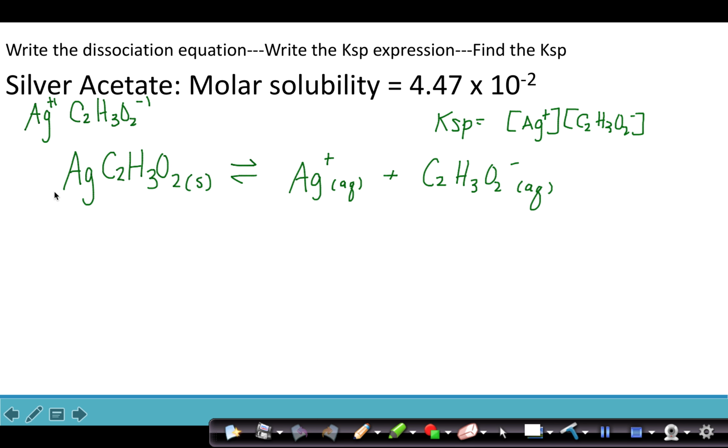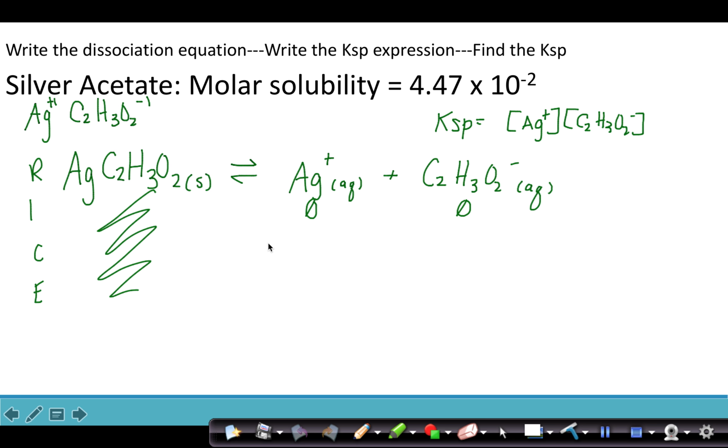And I am going to continue in this particular video to keep drawing and writing the ICE charts or RICE charts, but we will not need to keep doing this once you notice that the subscripts match the coefficients and then match the exponents and the coefficients for the x's. So before the dissolving, each of these ions is at a concentration of 0.